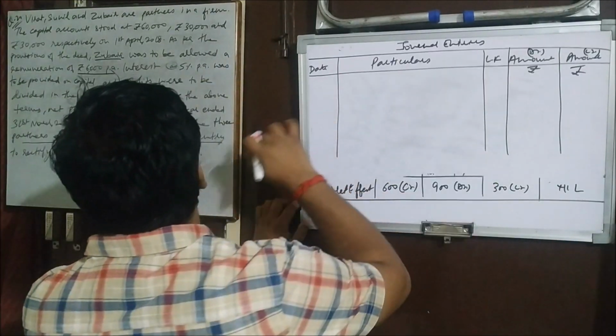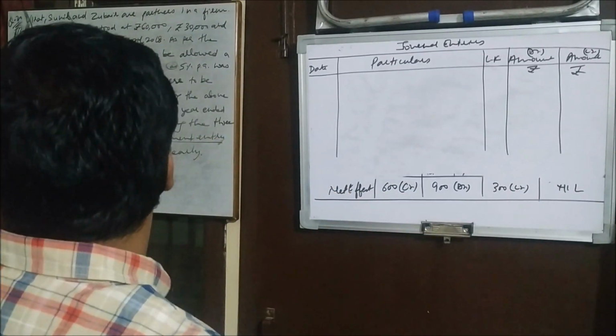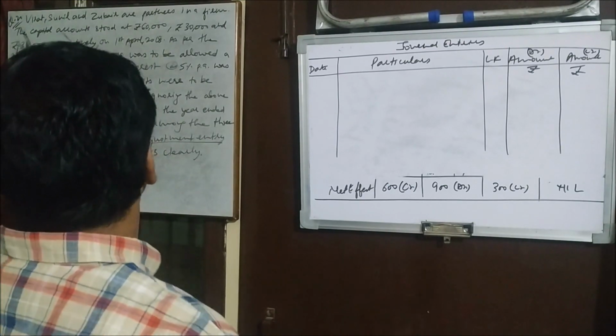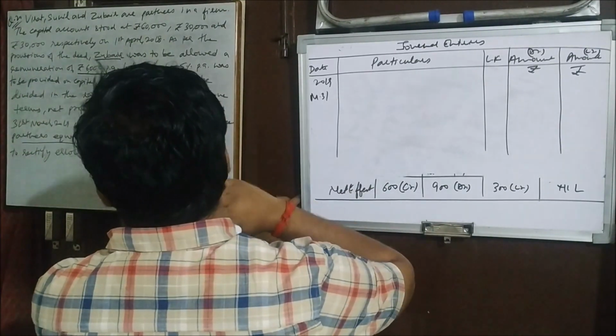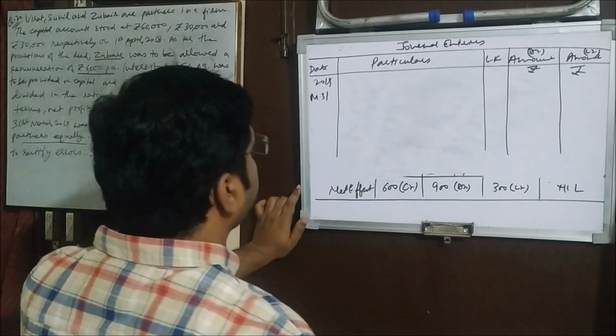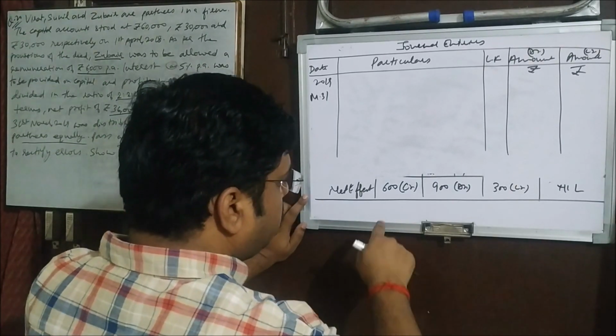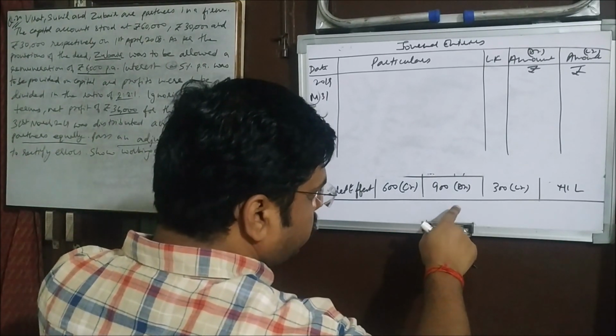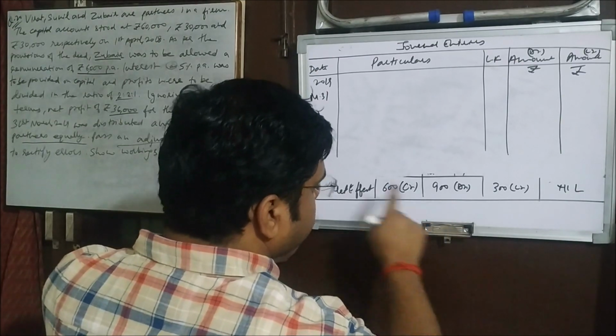So now we need to pass a single entry related to that adjustment. So we can mention the date here. The date is 31st March 2019. Now we know very well whose account will be debited here: Sunil's.